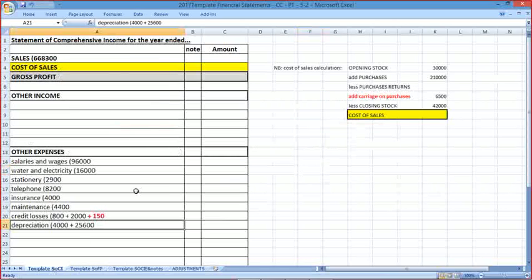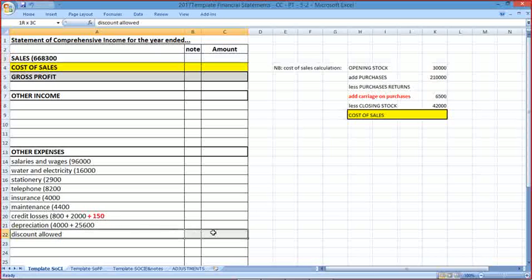And where else do we put that? We put that here. It's a discount that we're allowing. So I'm going to show it here as a separate line item. Sometimes they take it off the sales. It just depends. If you do that, then you just need to identify it as being the discount that you're removing, because debtors would have bought on credit, so they would have been part of your sales.